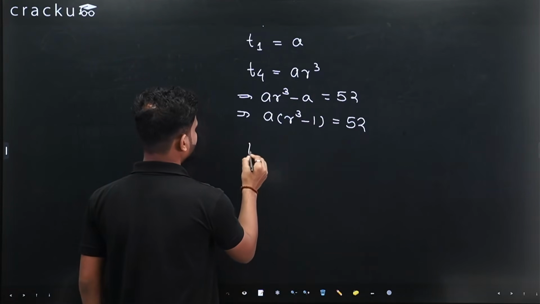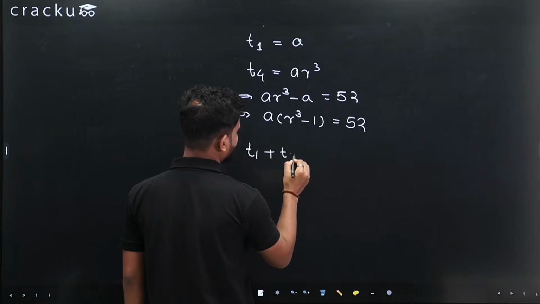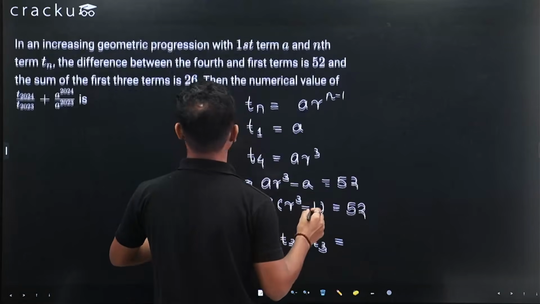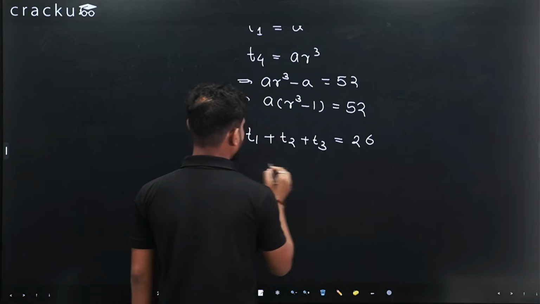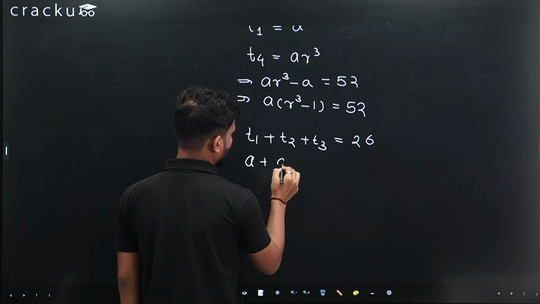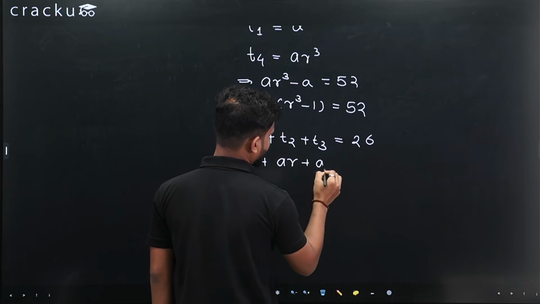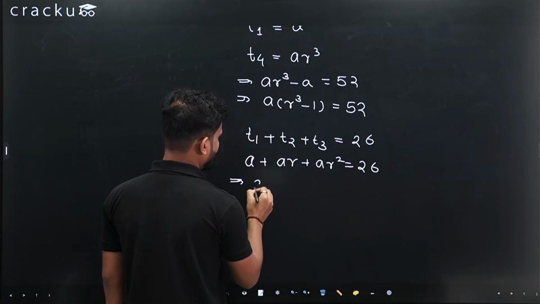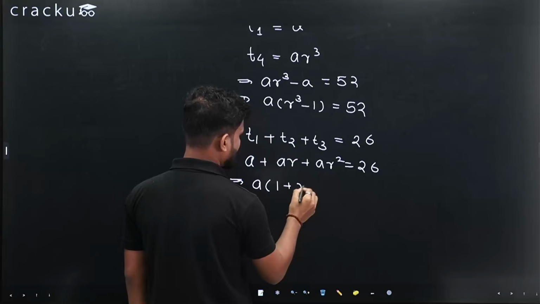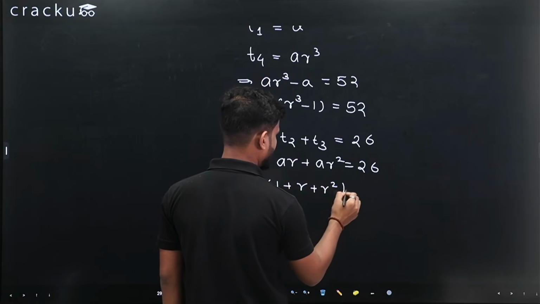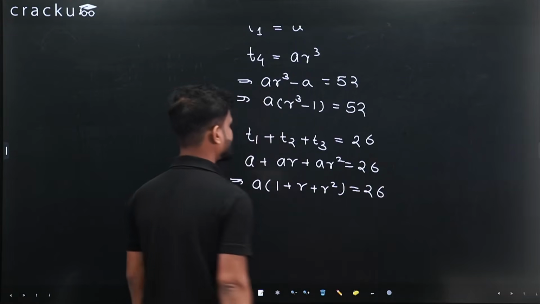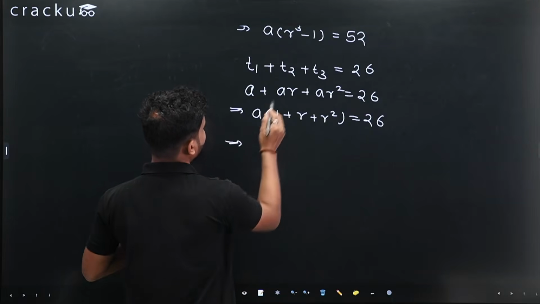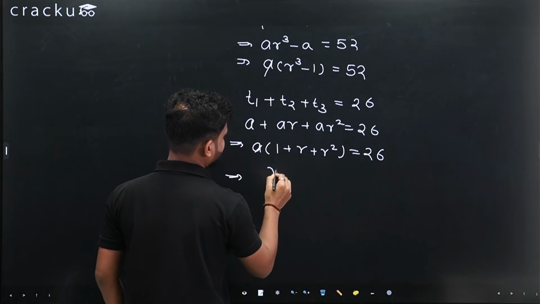Now it is given that the sum of the first three terms, t1 plus t2 plus t3, is 26. What is t1? It is a. T2 is ar, t3 is ar square, so the sum is 26, or a into 1 plus r plus r square is 26. Now if you take the ratio, what will you get? The a will get cancelled.